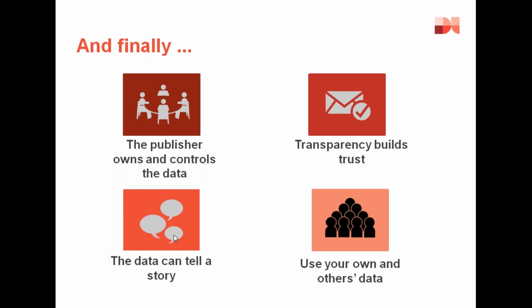You're putting information into the public domain about the work that you do. So sometimes it may not be helpful to put information out there with the title of a project as Project XYZ. Think about how that data is presented to make it as meaningful and as useful as possible to anyone who might want to use it. And similarly, always be mindful, once you're publishing or even before, of using not only your own data for your own benefit, but the data of others as well.